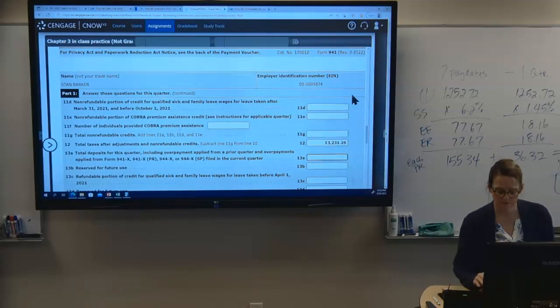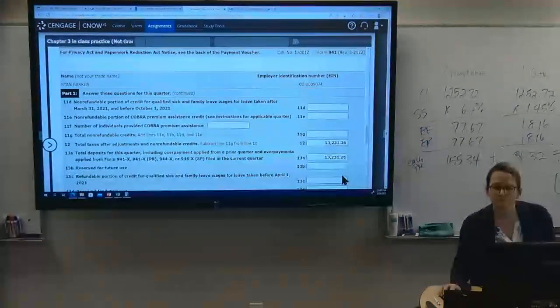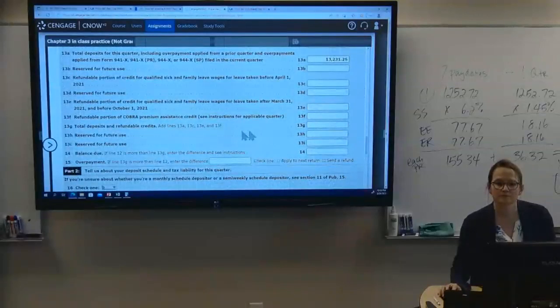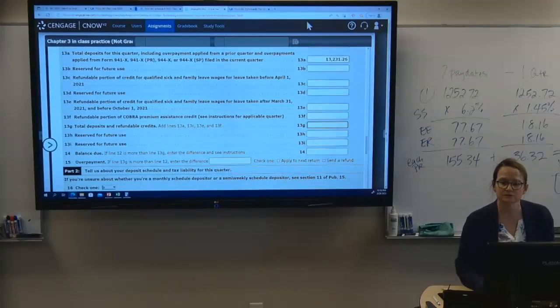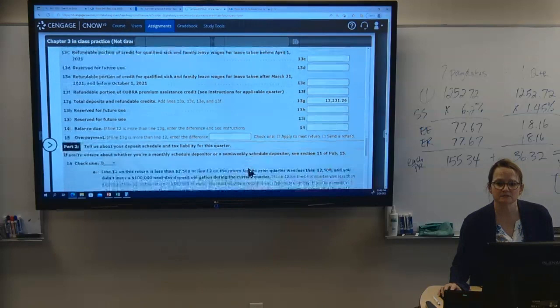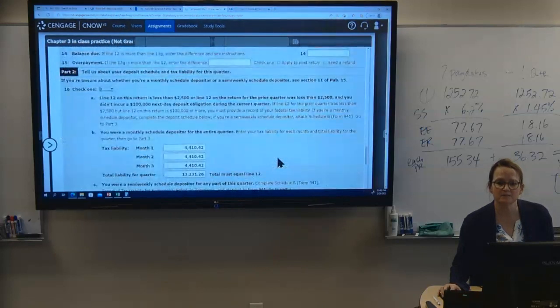Total deposits for the quarter, same thing, 13,231.26. And total deposits, so line 13G, 13,231.26. We shouldn't have to enter anything else in because we have no balance due and no overpayment.